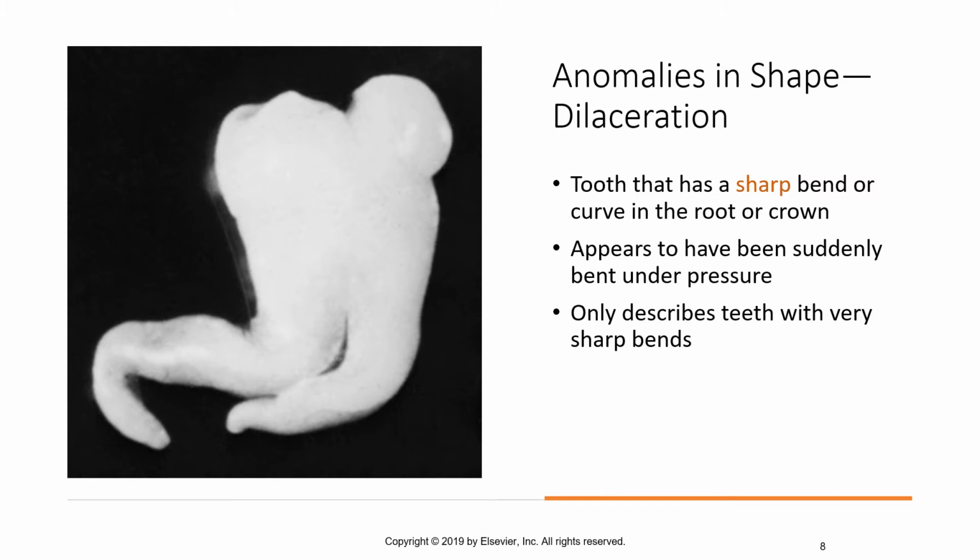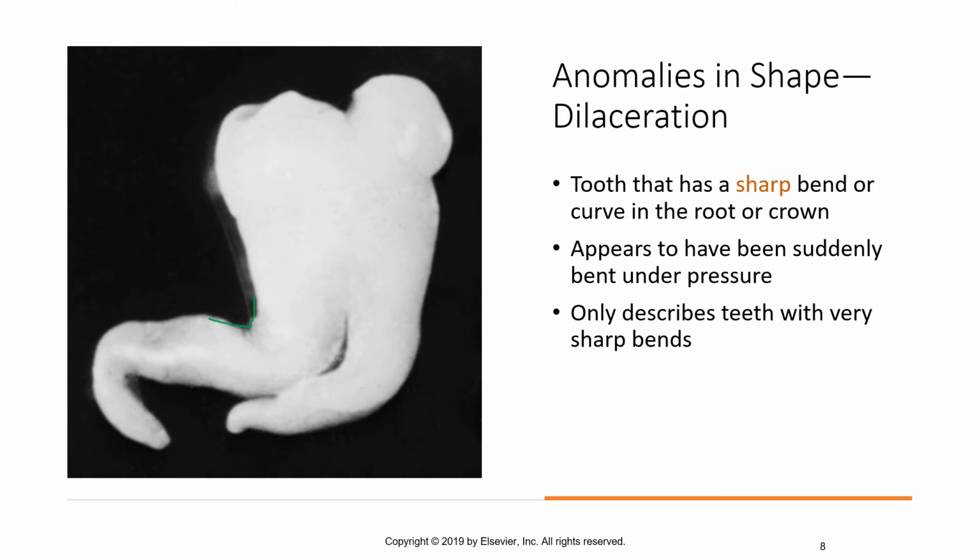So the term dilaceration is only used if it's a really sharp bend. You can see this is greater than 90 degrees, right? This is probably about a 100-degree bend. And you'll see this especially with third molars a lot.